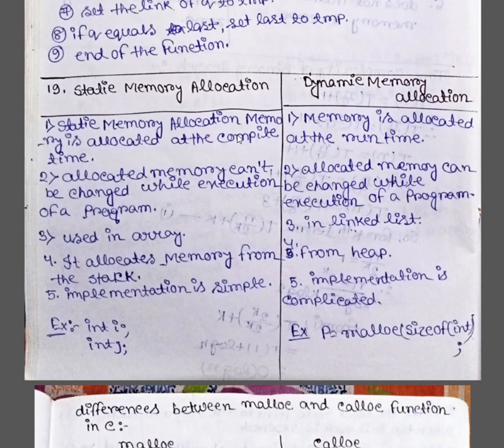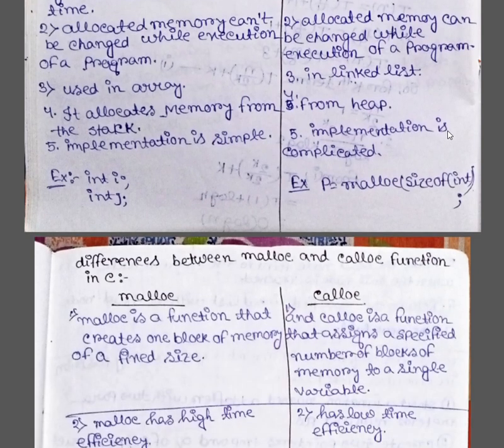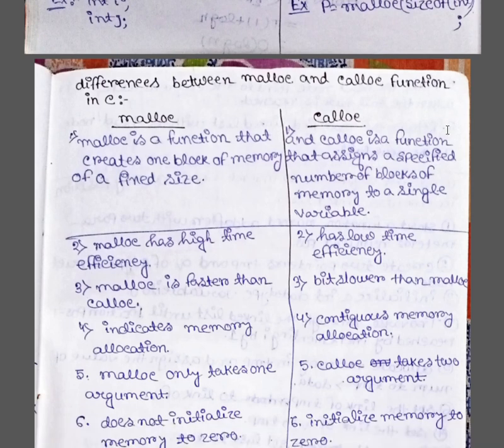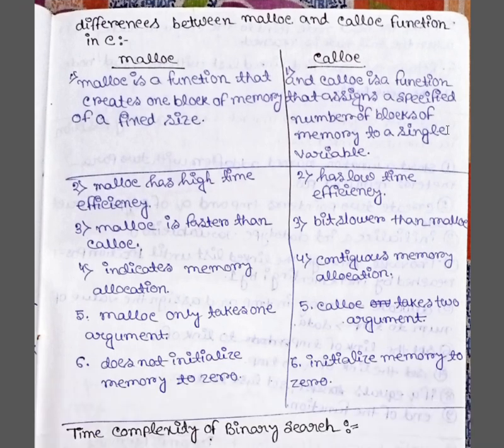Static memory allocation is when the memory is allocated at compile time. At the compile time, the memory that is allocated is called static memory allocation. And memory allocated at runtime is called dynamic memory allocation. The difference between malloc and calloc function. This is also a very important question for the MAKAUT semester examination.